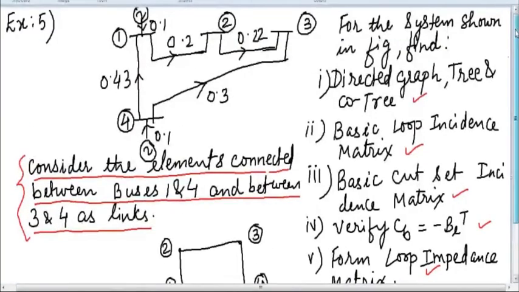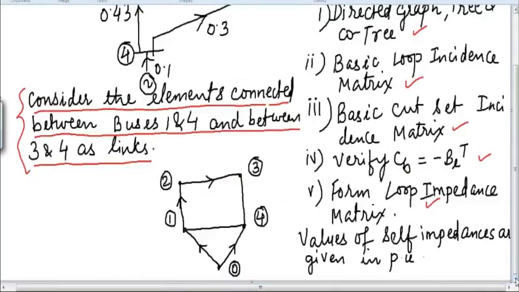Now from 1 to 2, it's the direction from 1 to 2 in this way, so we will put the direction in this way, 1 to 2. Then 2 to 3 we can see here, from bus 2 to bus 3 it's going. Then here in this case 3 and 4 we can see, from 4 towards 3 it's going. So we will make the direction in this way, from 4 to 3.